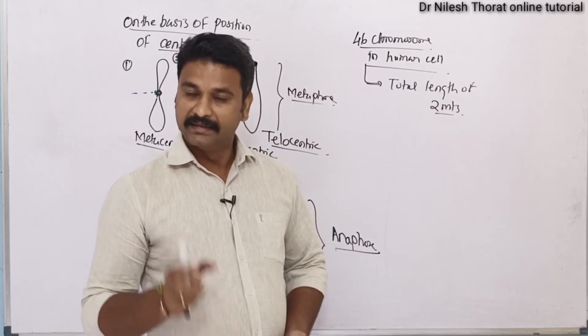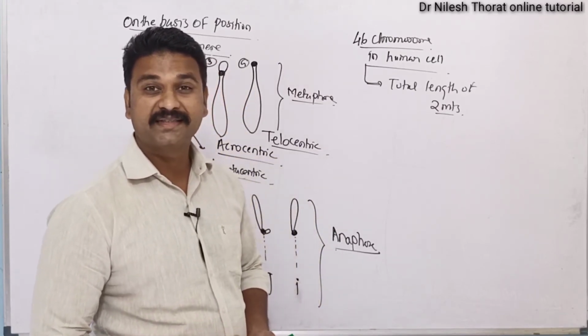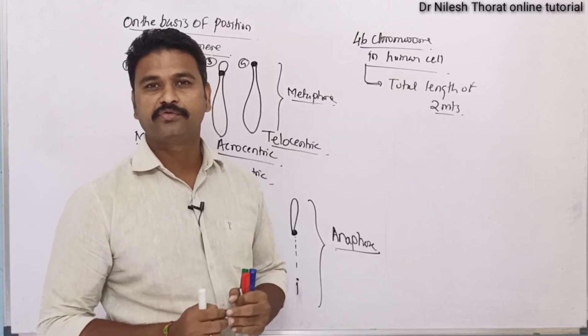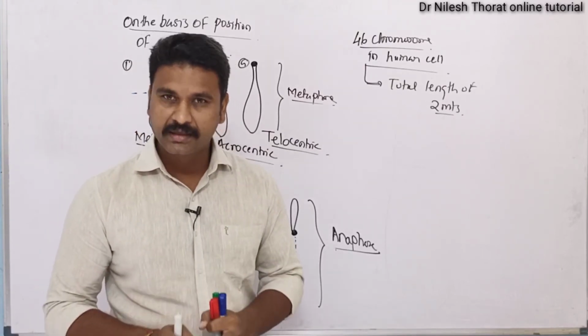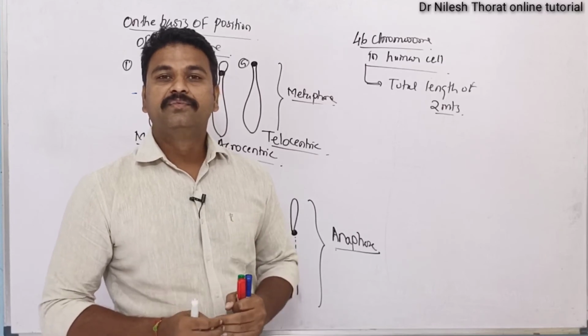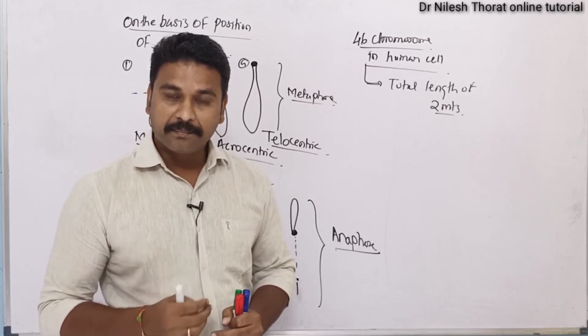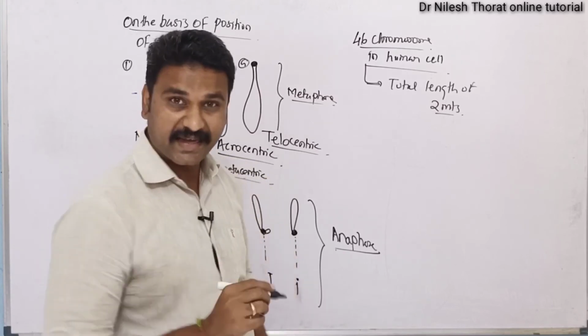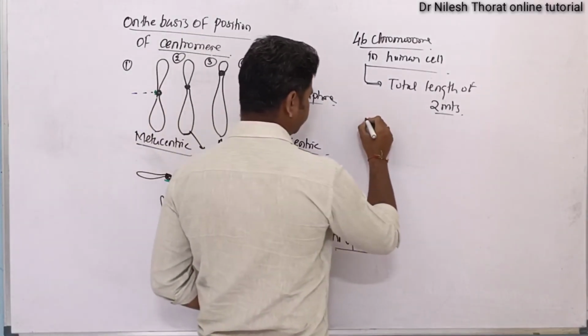And whenever we observe these chromosomes in a diploid cell, they will produce a characteristic pattern. This characteristic pattern is called the karyotype of the particular organism. As the number of chromosomes in each organism is fixed, each organism will produce a characteristic pattern of chromosomes, and this characteristic pattern is called the karyotype of this organism.